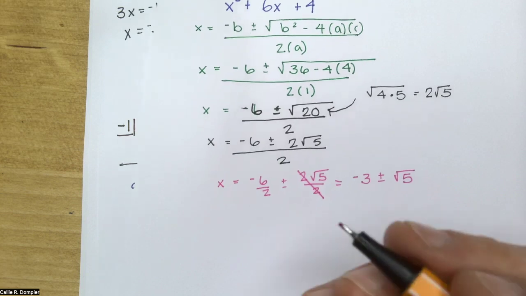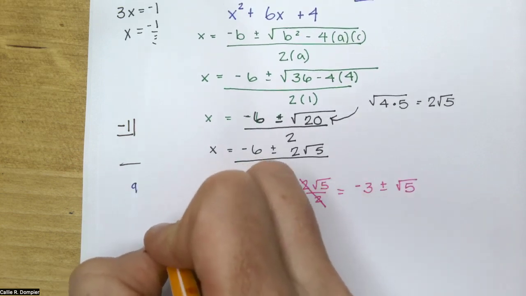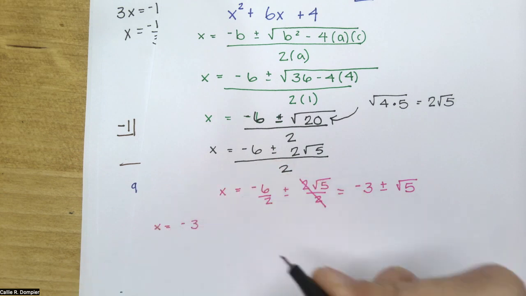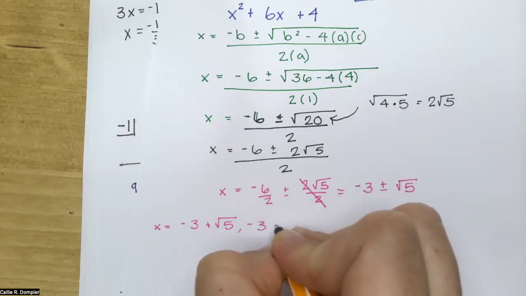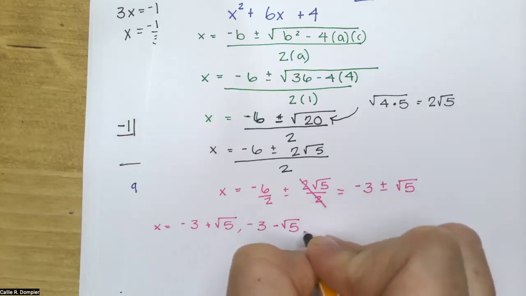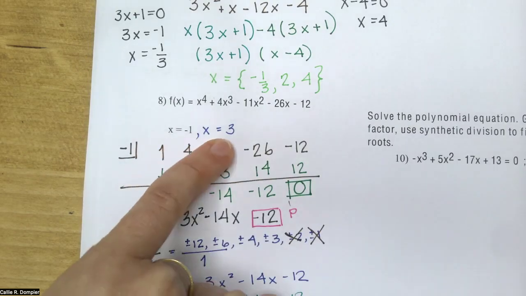Okay? It's important that those are two different answers. So we're saying x equals -3 plus square root of 5, -3 minus square root of 5. And what were our other answers? -1 and 3.